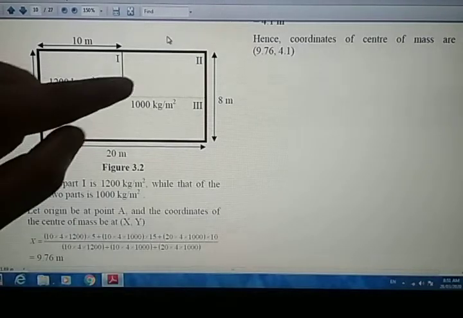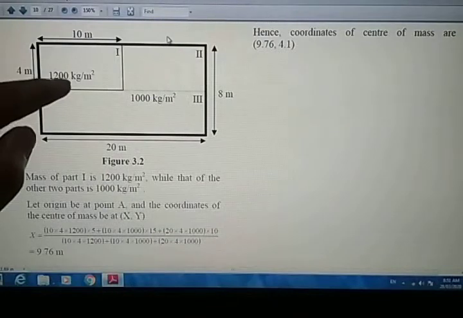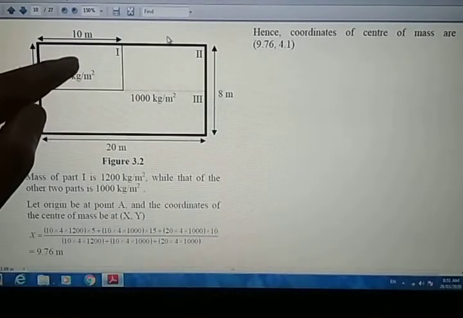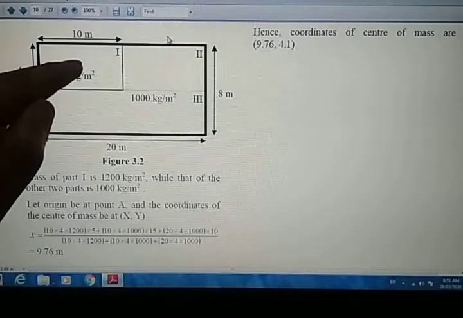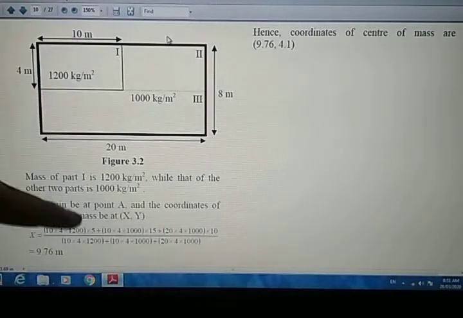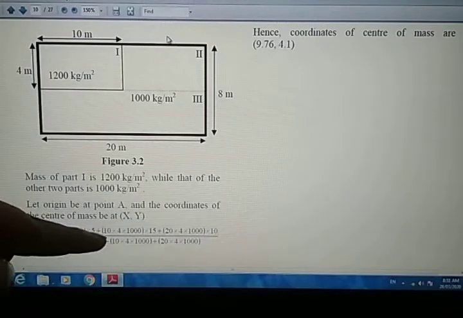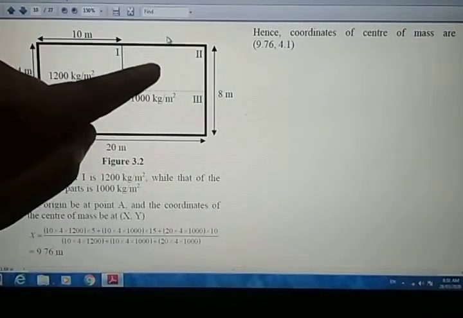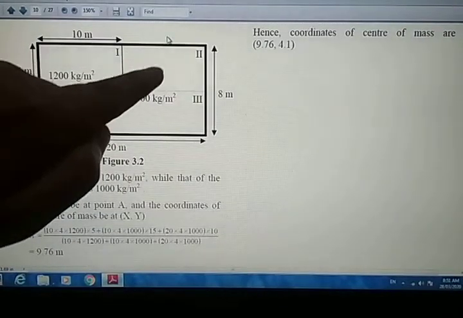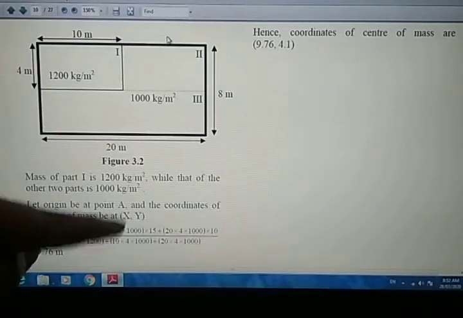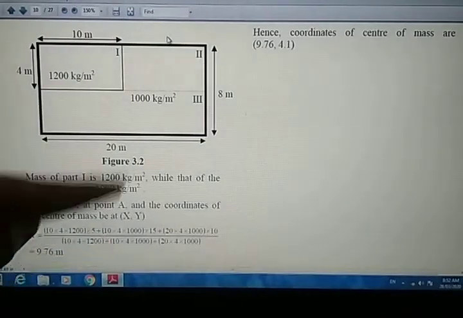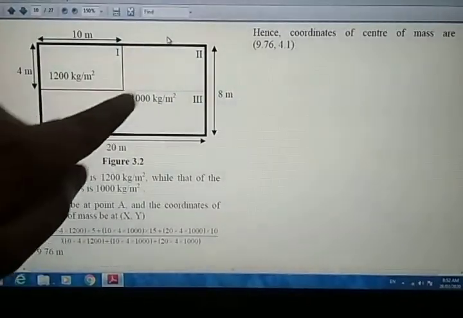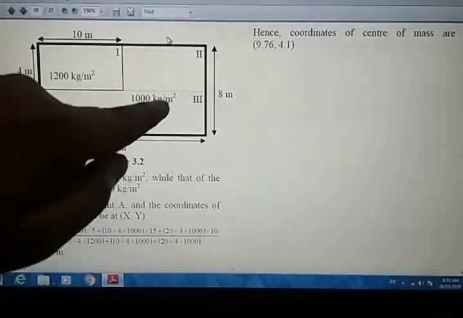What is 5? This is the center of mass of this particular section, which lies at the midpoint of this section: 10 divided by 2 means 5. Plus 10 into 4 into 1000. This is the area multiplied by the mass per unit area of the second section, 1000, similar to this section.